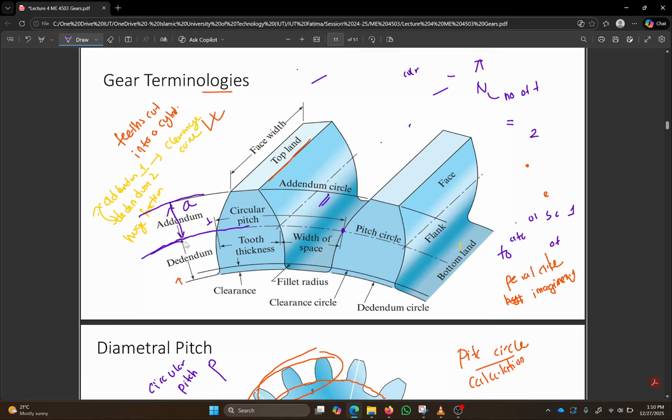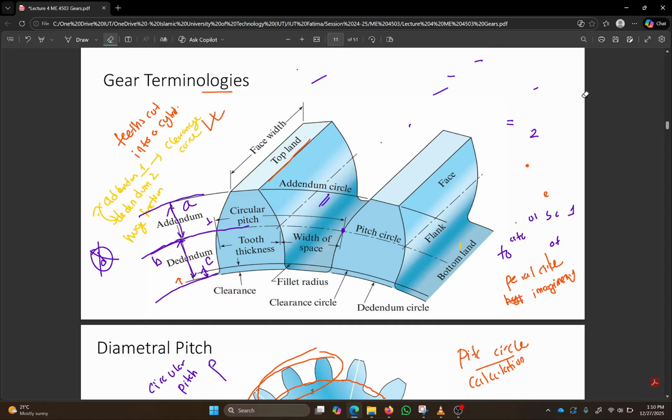This is the pitch circle, and this is the dedendum circle. The distance between them is referred to as dedendum, denoted by b. Why b? Because usually the letter d refers to diameter, that's why you cannot use d. The clearance distance is denoted by c, clearance. I will give you the formulas for each one of them in a bit.